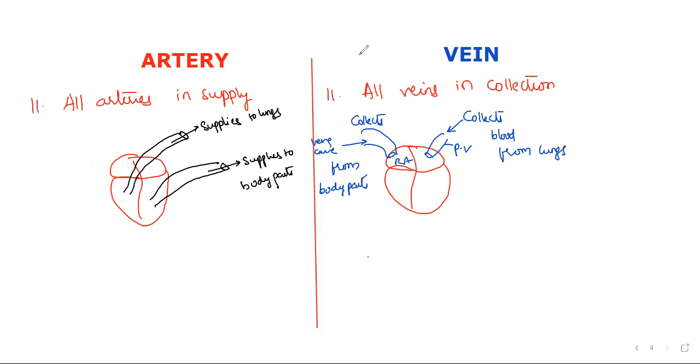Any other differences that we can continue? Flow of blood. You will have two options here: continuous and discontinuous. In artery, continuous or discontinuous?